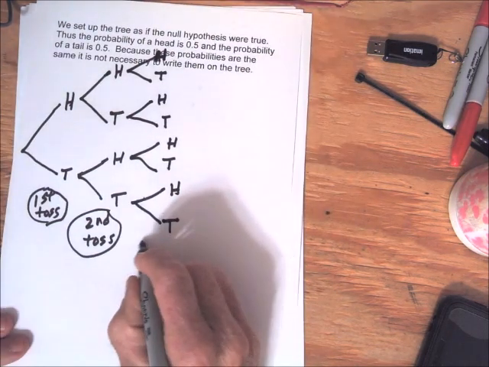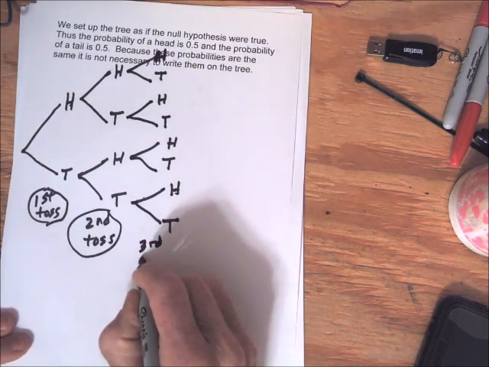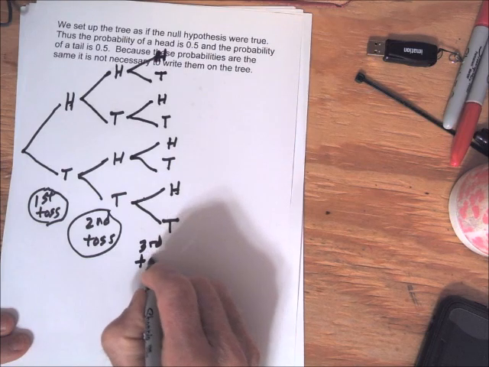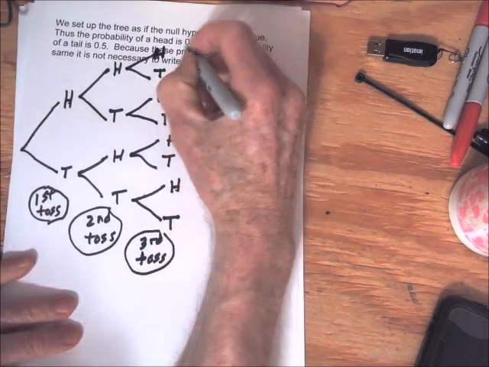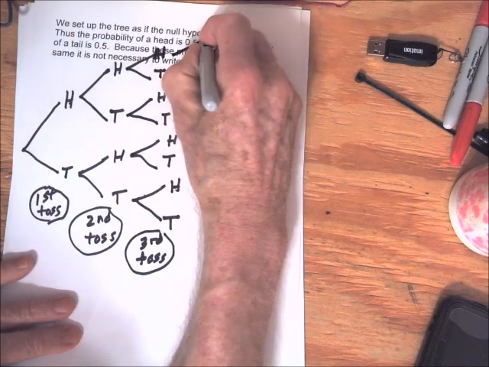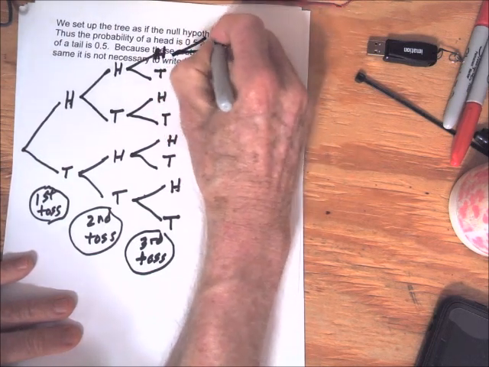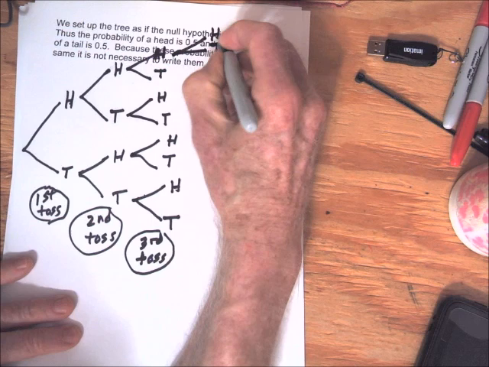That's the third toss. The fourth toss is, again, either head or tail.